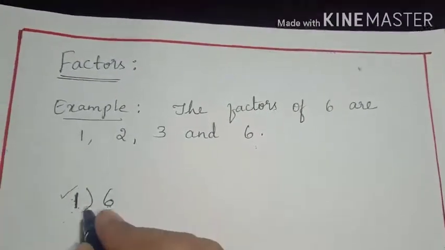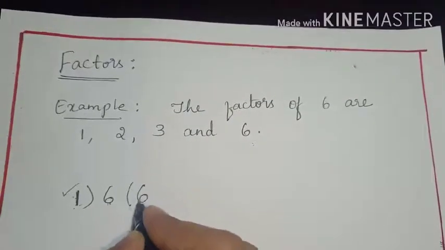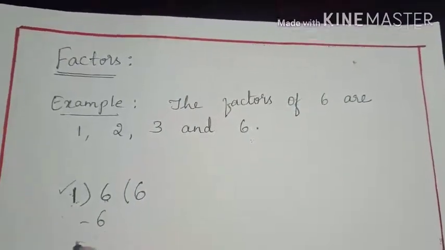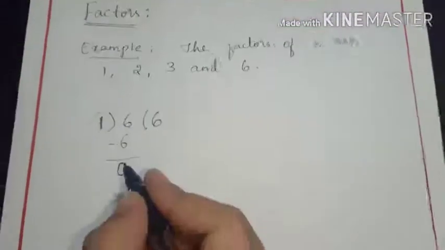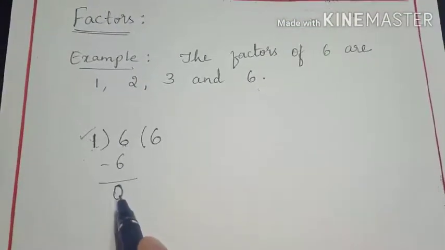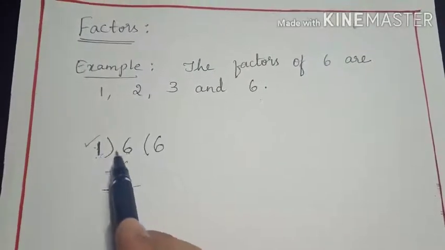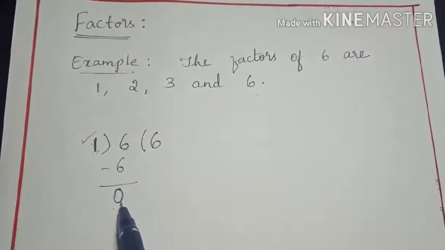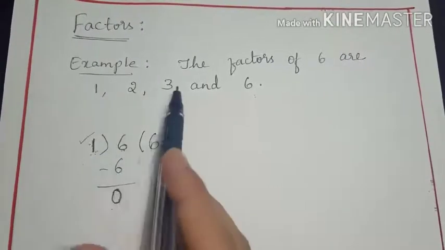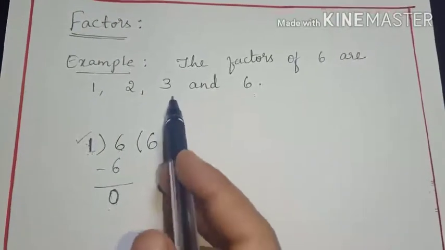Let us see. 1 6s are 6. 6 minus 6 is 0. See here, 1 divides the 6 exactly, means the remainder becomes 0. So 1 is the factor of 6.